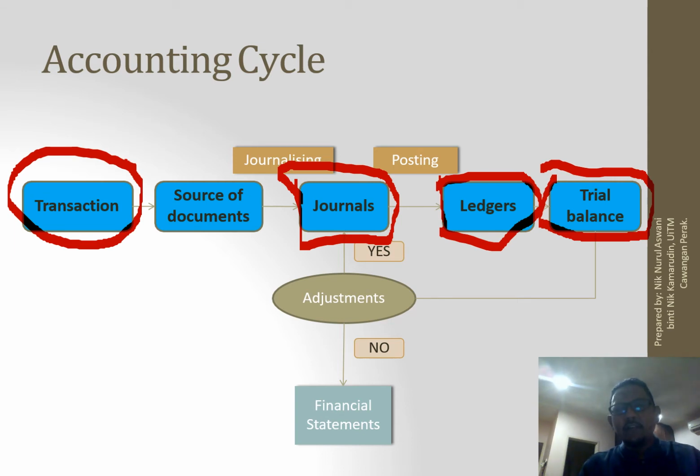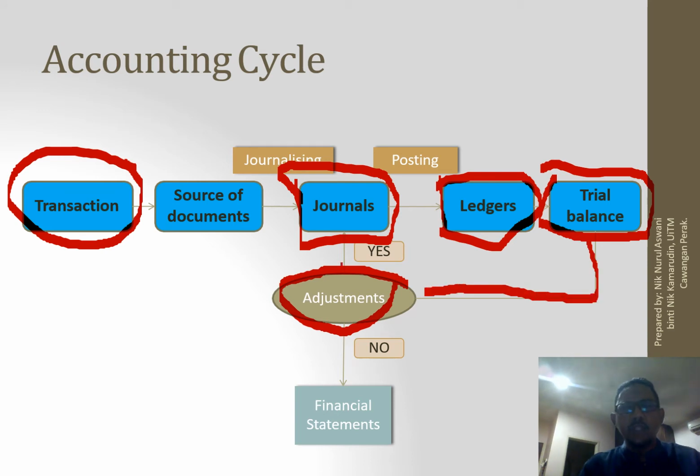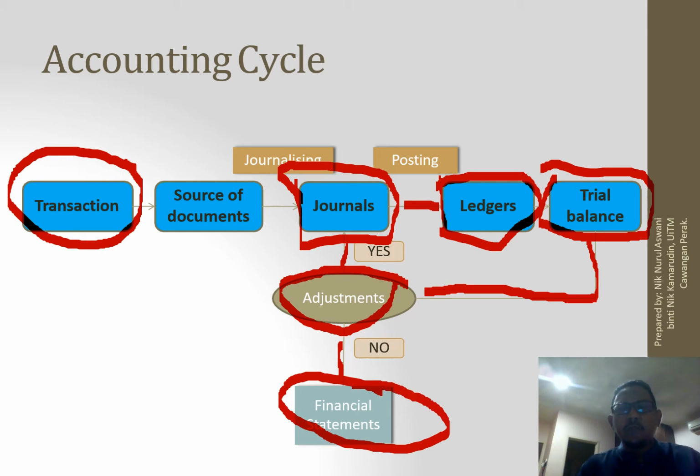Normally at the end of the period there will be adjustments. If there is any adjustment, then the process will be journal again, then ledger and the trial balance again. And if there is no more adjustment, then we prepare the financial statements in terms of statement of profit or loss and statement of financial position.